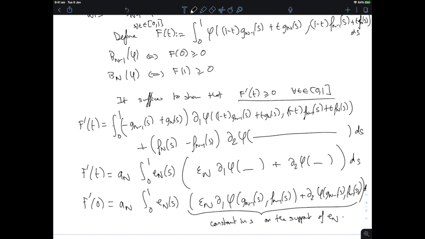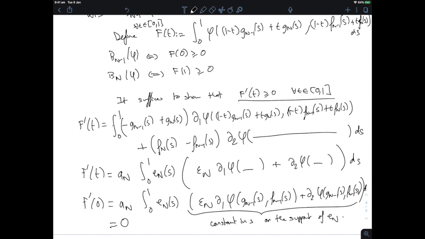So what I have here, this entire thing within a bracket, although it looks like a function of s, on the support of e_n, where we are, because if not, e_n(s) is 0, this is a constant. So really, this is a multiple of the integral of e_n(s). But the integral of e_n(s), if all of this thing is constant, I can pull out that constant, and the integral of e_n(s) is 0. So this whole thing has to be 0. So f prime of 0 is definitely non-negative because it's actually equal to 0.